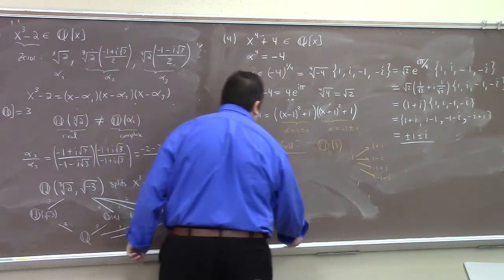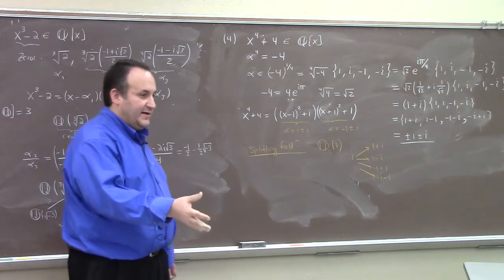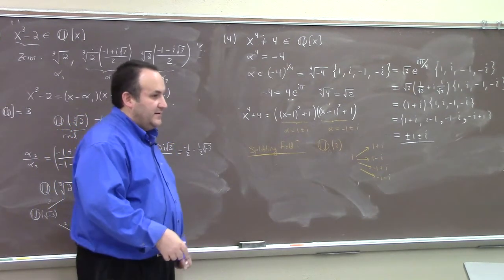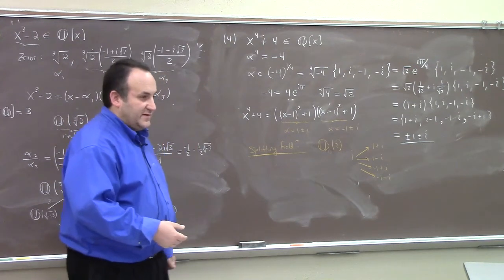So we saw earlier a fourth order polynomial which needed a biquadratic extension, a degree 4 extension to split it. Here's a quartic which has a degree 2 extension which splits it.